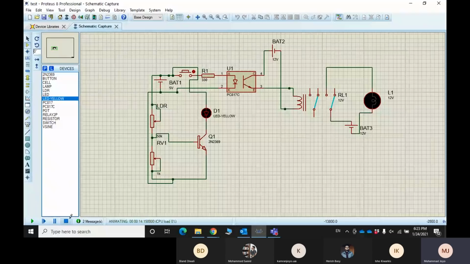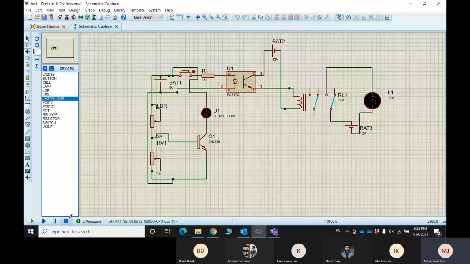So what I'm doing right now is that instead of using an actual LDR in the software, we are using a potentiometer, a variable resistor. The reason is that the LDR itself requires physical light to vary its resistance, which I'm not sure how to do on this software.